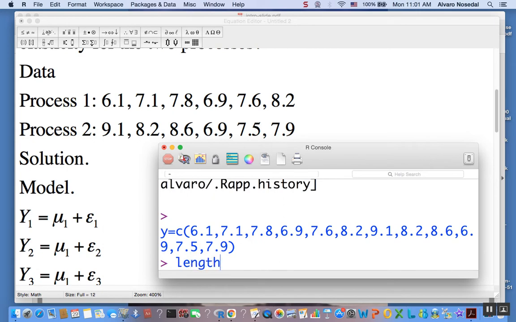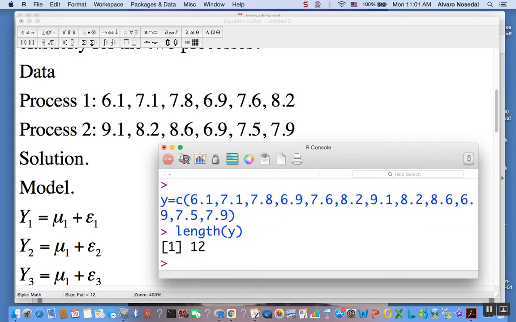Let me make sure that I have them all. 12, that sounds good.